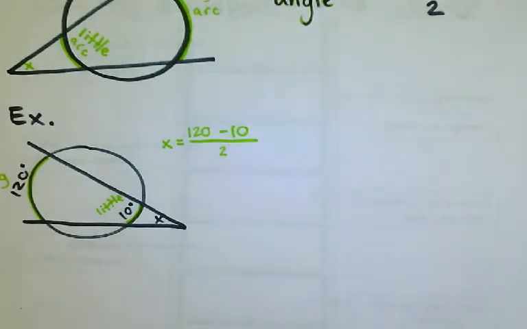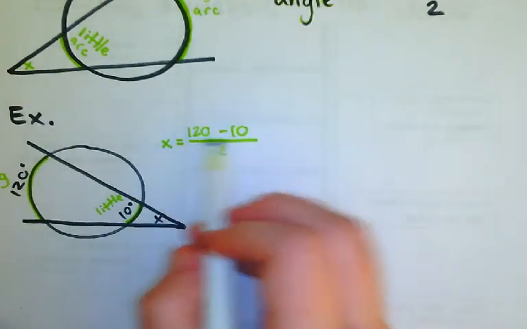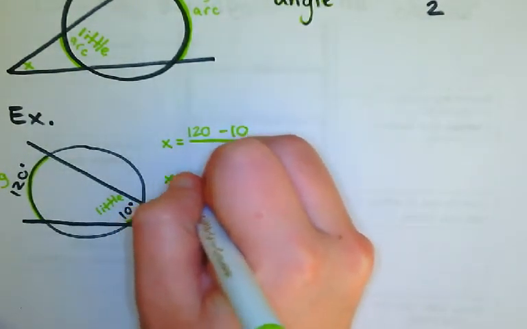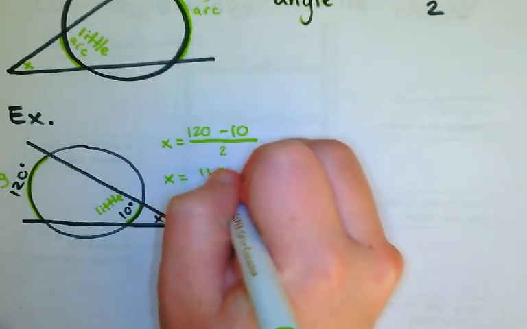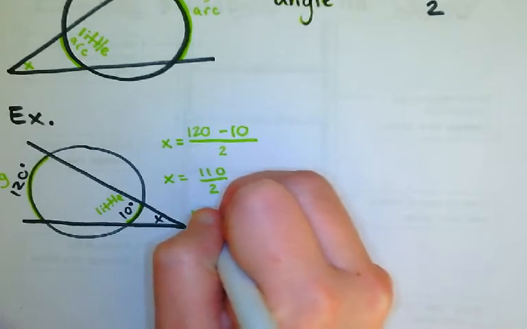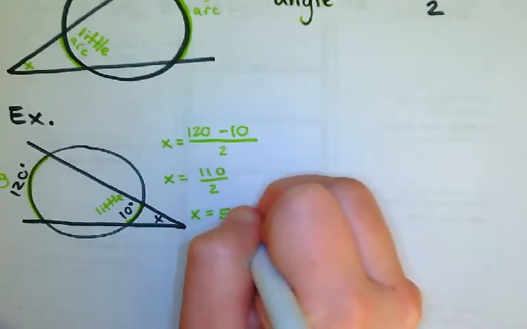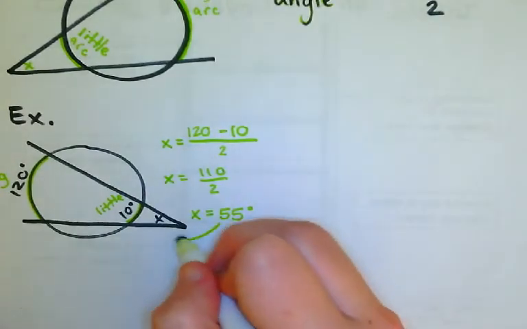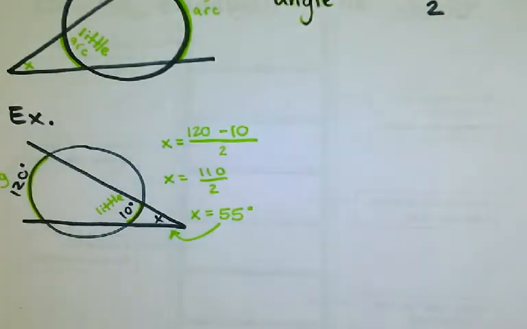Since x is already all by itself, we can just use order of operations to solve. We can combine our like terms here on top, so x equals 110 divided by 2, and 110 divided by 2 is 55. So our x is 55 degrees.